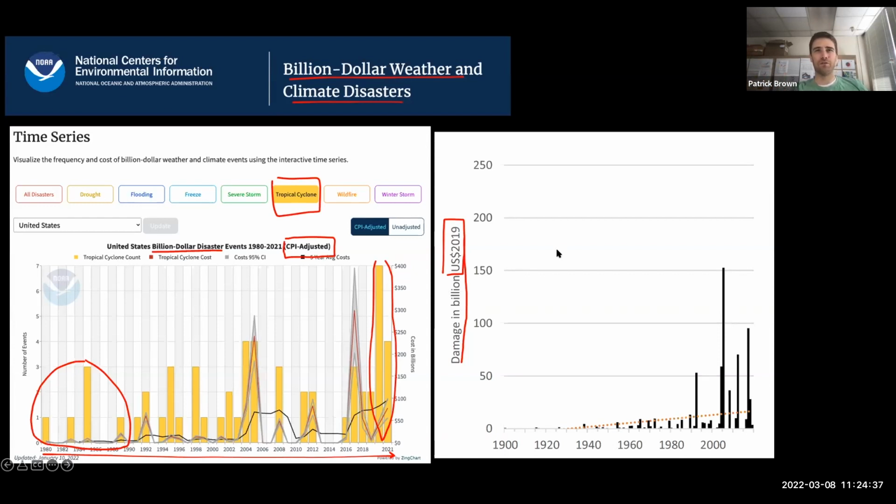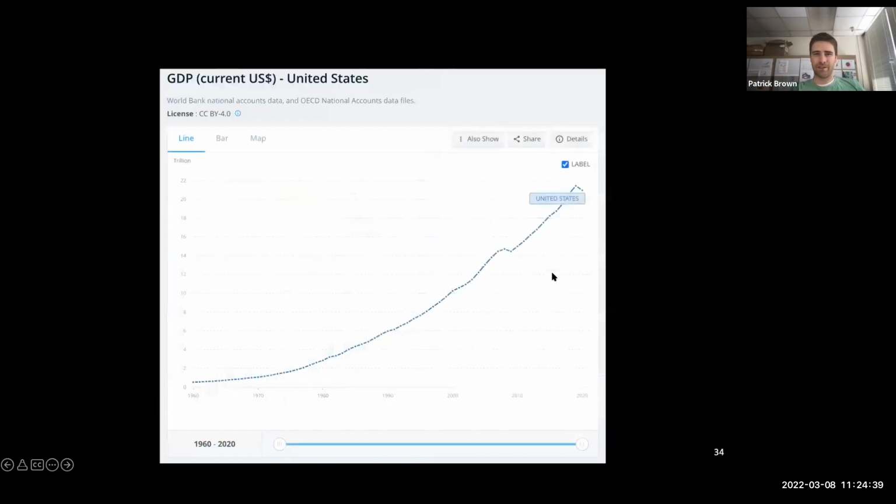You can kind of see that in GDP metrics, for example, that the economy in the United States since the 1960s has gotten way, way, way bigger. This is showing about 20 times bigger, and this is current US dollars, so it's not an inflation thing. It's saying that there's just that much more trade of value going on. And that would be related to how much capital there is, how much physical infrastructure there is to damage.